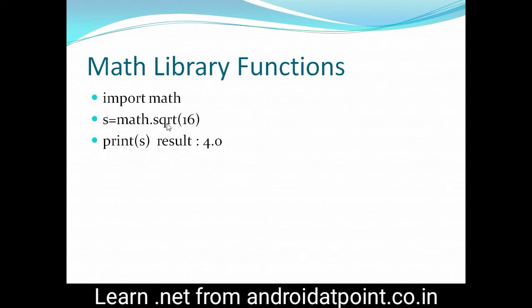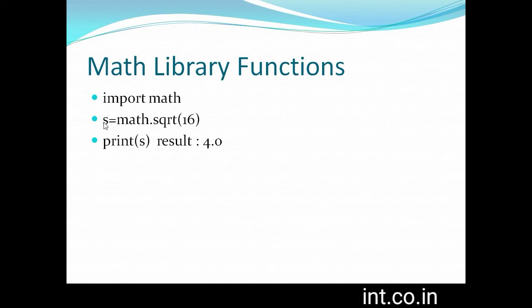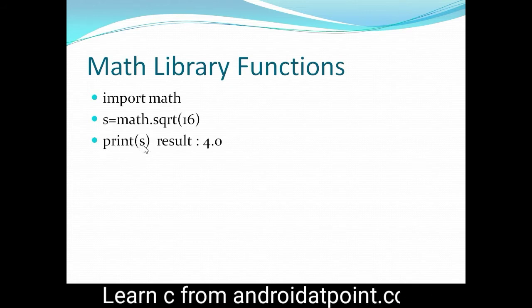The function name is sqrt, and write the argument or the value on which you want to get the square root. Now I've given the value 16, and the sqrt function returns the square root of 16, which means 4 is assigned into the s variable, and with the help of the print function we print the value of s. The result is 4.0.